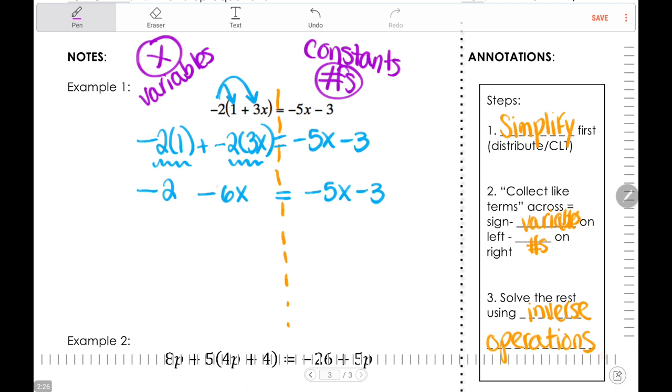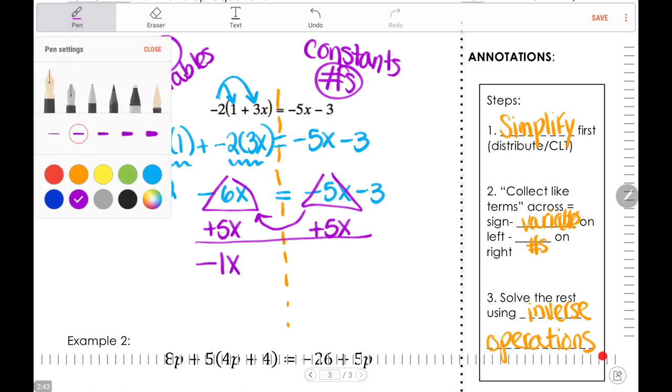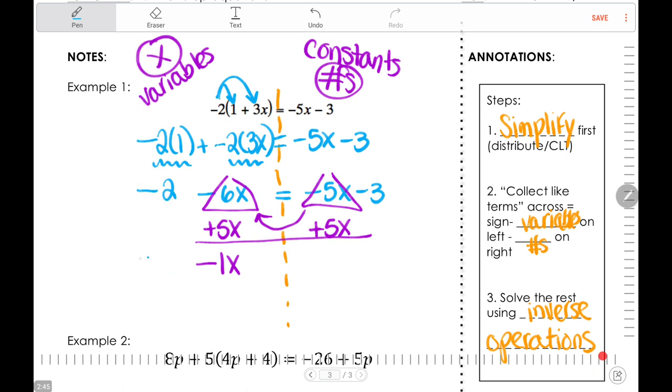So these are my like terms, but now again, they're on opposite sides of that equal sign. So when I move this over, I need to do the inverse. So that's going to give me -1x. Everything else I haven't touched yet, so I'm going to bring it down.